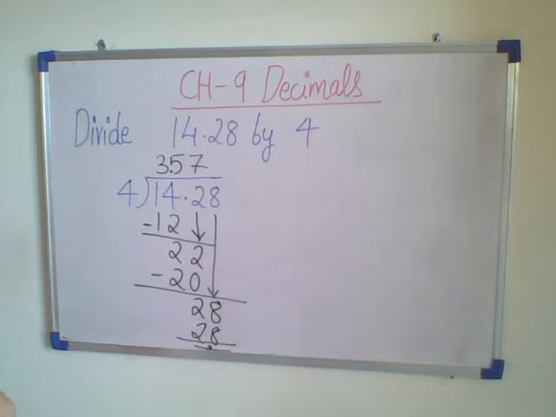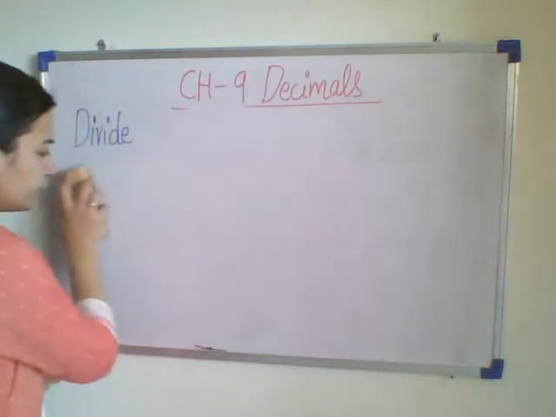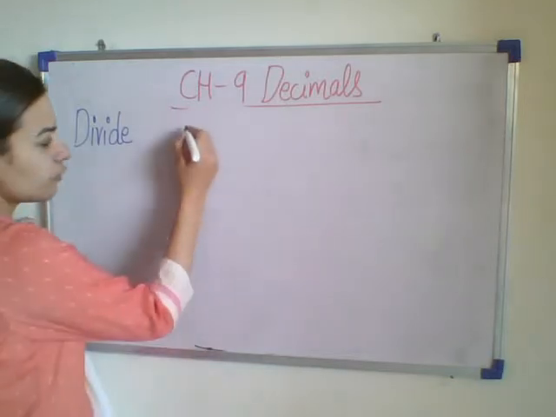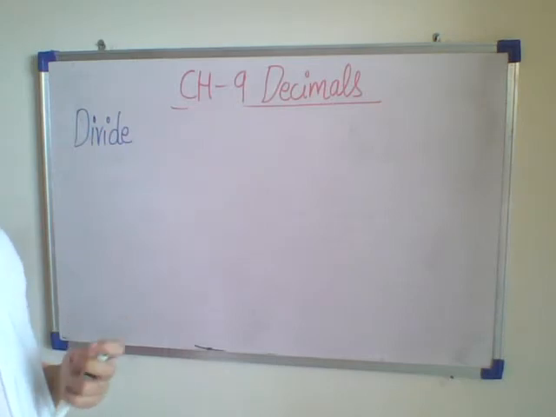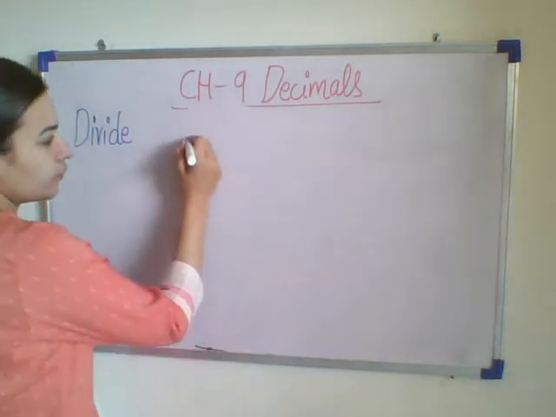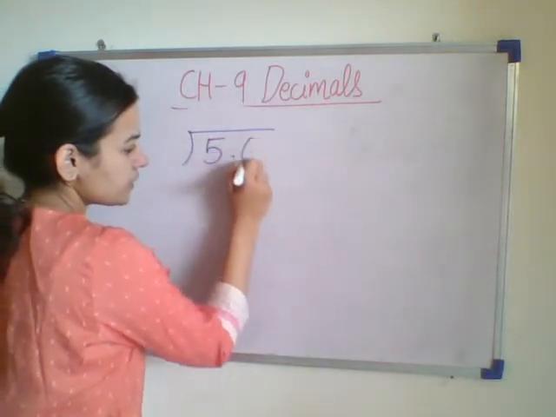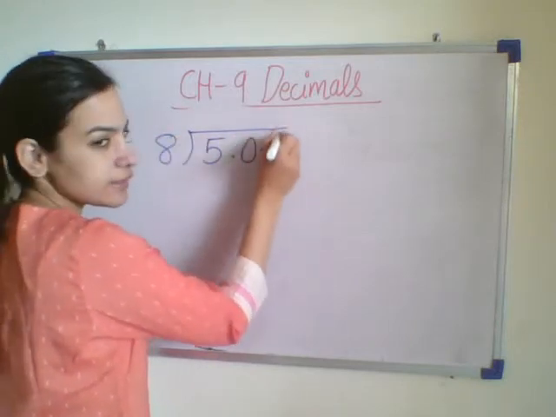Let us do some more examples of the division so that it would be clear to you. Now let us divide 5.04 by 8. This number 5.04 we have to divide by 8.